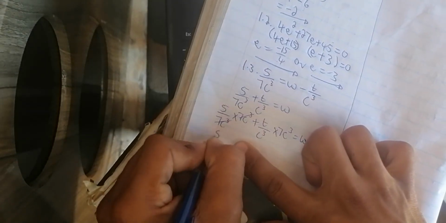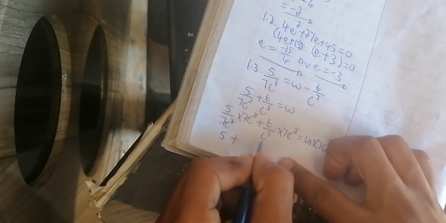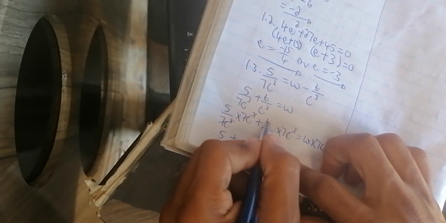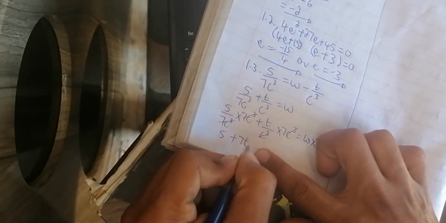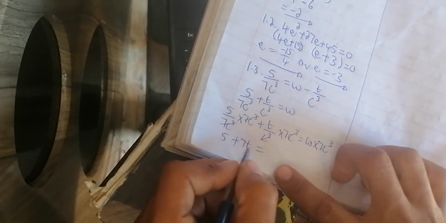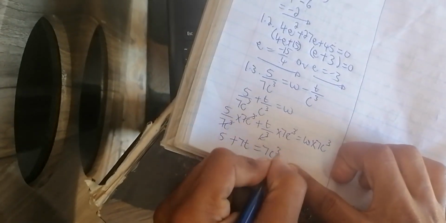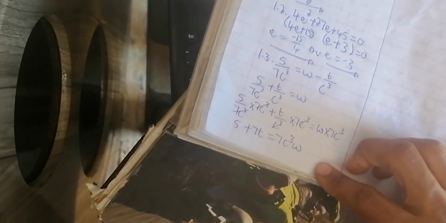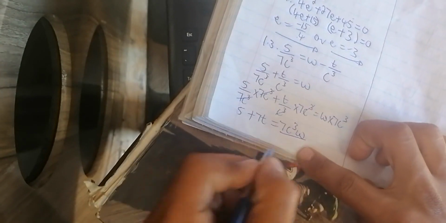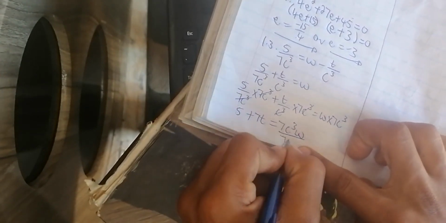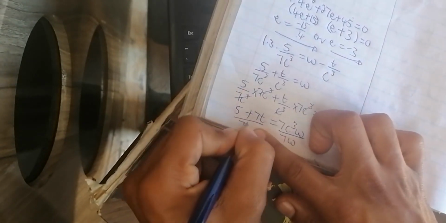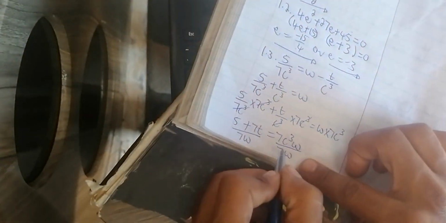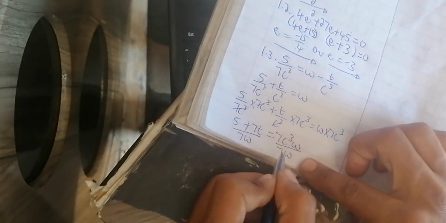This into this goes once. This into this goes once. You are left with T times 7, which is 7T. And then here, 7C³W. Remember, I want to be left with C, 7W. And then 7W into 7W goes once, you are left with C³.